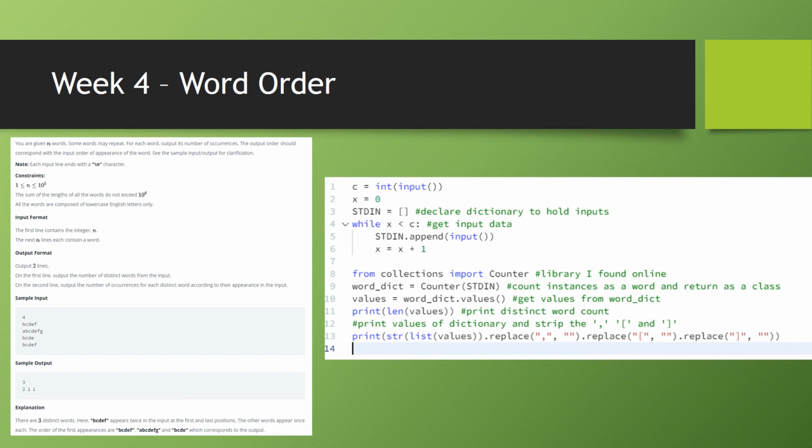And then the key is the number of times that word shows up in this list that they give us. And then just print it, and I had to do a little formatting here to get it to look right. I'd basically just strip out the comma and the open and close brackets at the beginning and the end. This one was arduous. It took me a lot, but I learned a ton about dictionaries and libraries doing it.